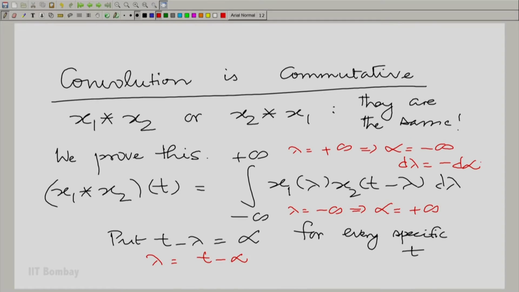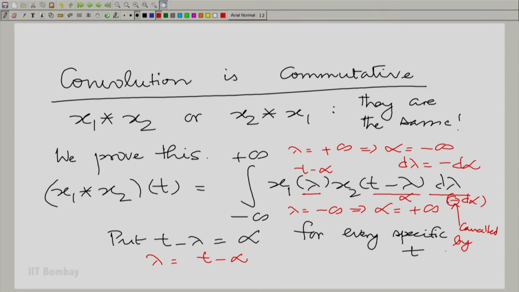So, we have all these little changes to be made. If we make these replacements, you notice that you can replace d lambda by minus d alpha. t minus lambda is just alpha. So, I will write that down. t minus lambda is alpha. Lambda is t minus alpha. And then you have a minus sign and these limits also reverse. So, the minus sign together with the reversal of limits cancels one another out.